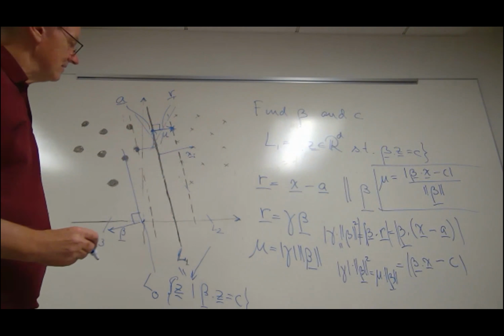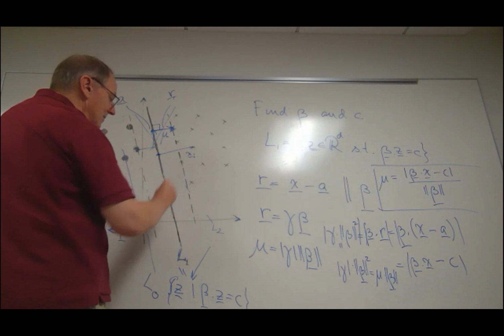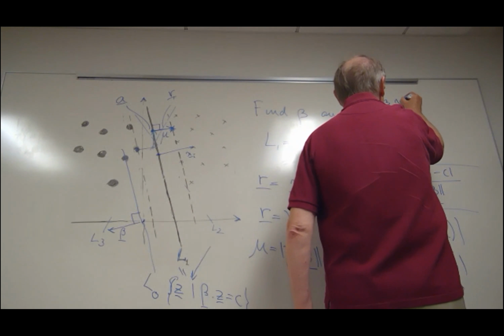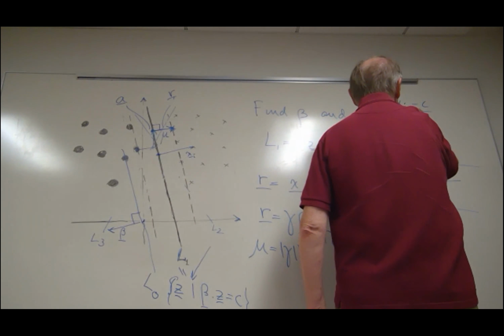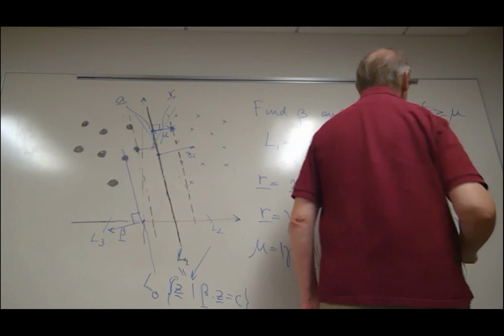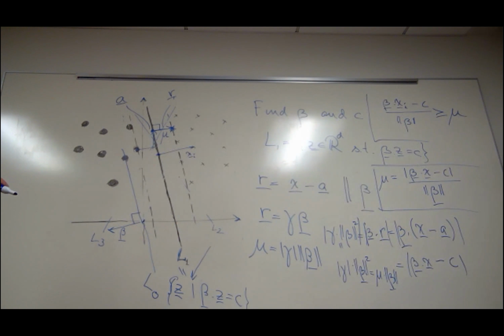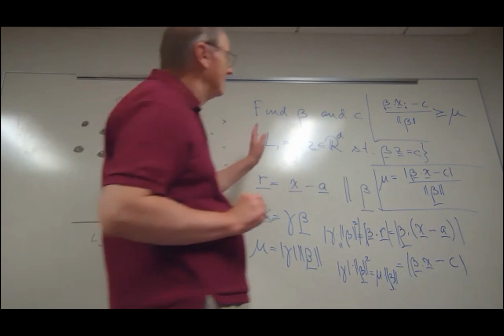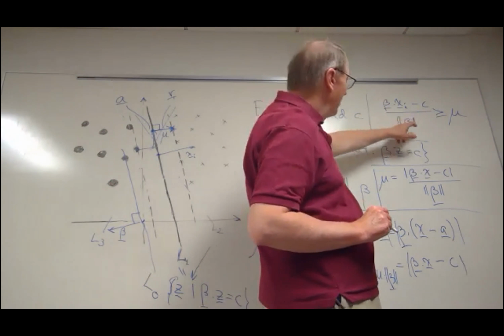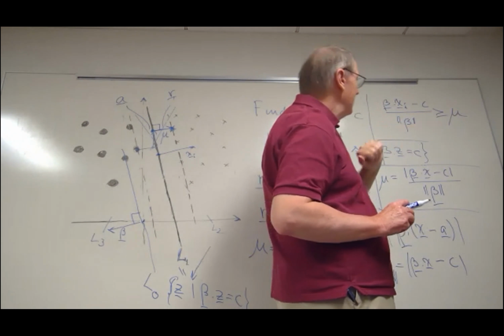Again the distance would be of the same form, so we get that the absolute value of beta dot xi minus c, divided by the norm of beta, will be bigger than or equal to mu, because that will be the distance from here to any of the other data points. So for the points that are closest by, this is equal to mu. For those that are further away, it's bigger than or equal to mu.